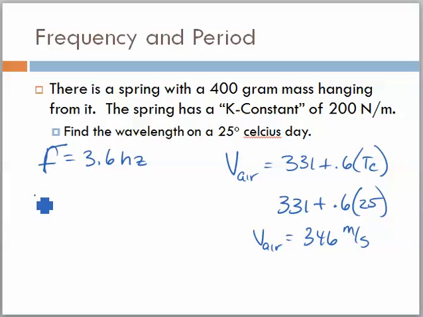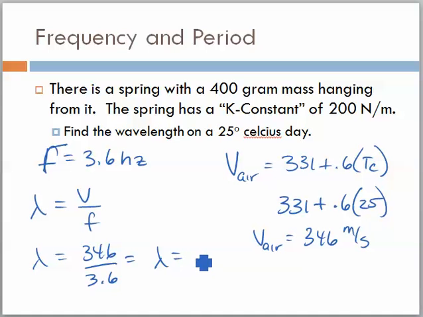Well, I know that wavelength equals velocity over frequency. The wavelength then turns out to be 346 divided by 3.6. And the wavelength then is 96.1 meters.